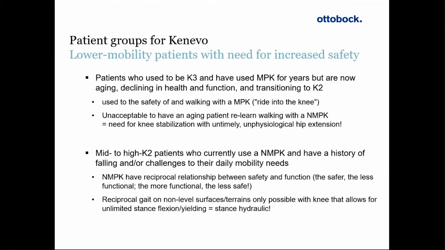And that is the trade-off. When you increase the function with a non-microprocessor knee, you have to pay the price in terms of reduced safety, but a microprocessor knee is the way out of that dilemma, to increase the function of the patient for their daily lives without sacrificing safety.